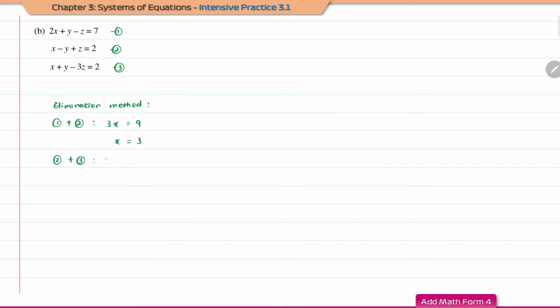So x plus x, you're going to have 2x. Negative y plus the y will be equal to 0. So this positive z plus this negative 3z, you're going to have negative 2z equals 2 plus 2, which is equal to 4. I'm going to label this as my equation number 4.